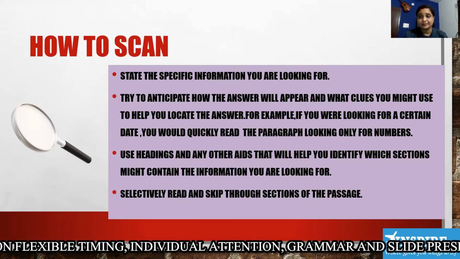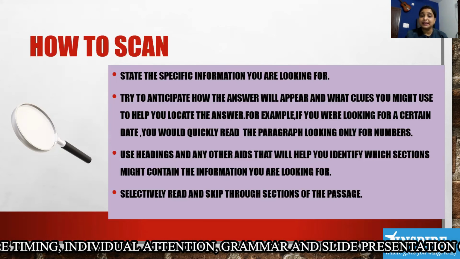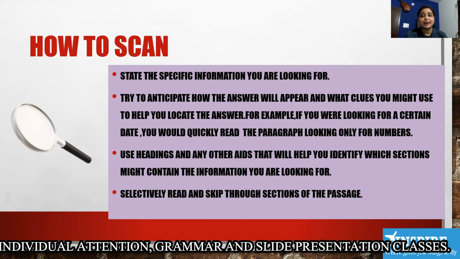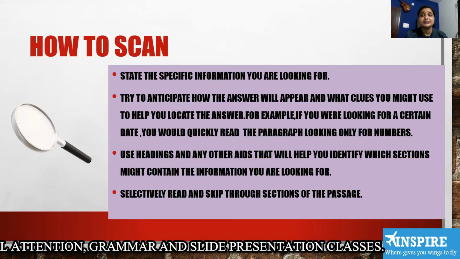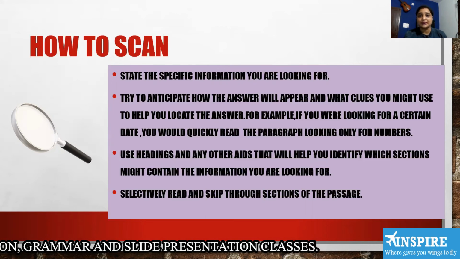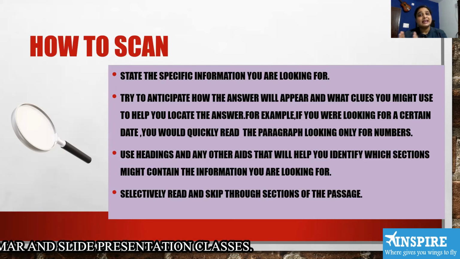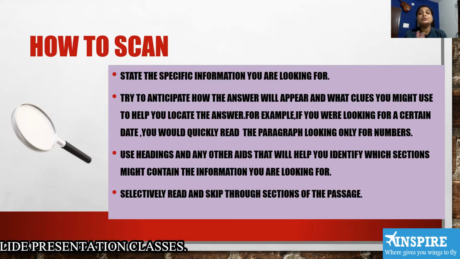For example, if you were looking for a certain date, you would quickly read the paragraph looking only for numbers. If the answer to that question is a number, you can go through the passage looking for any number. Like that, you can use your scanning method for finding answers.